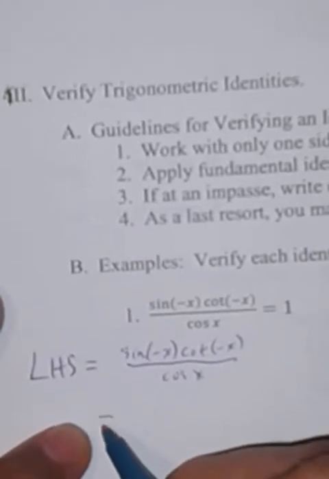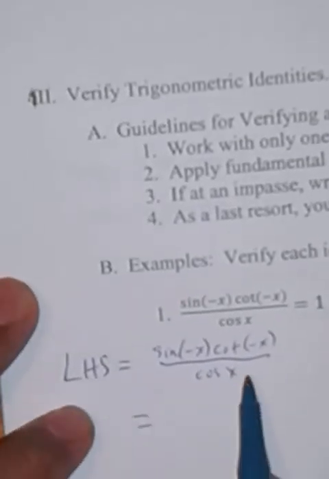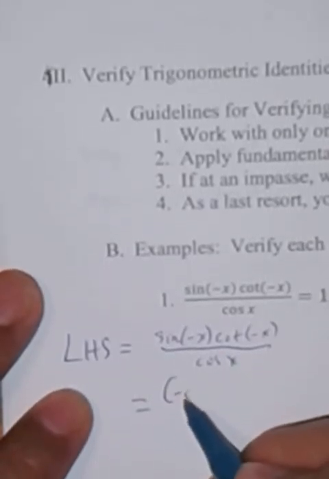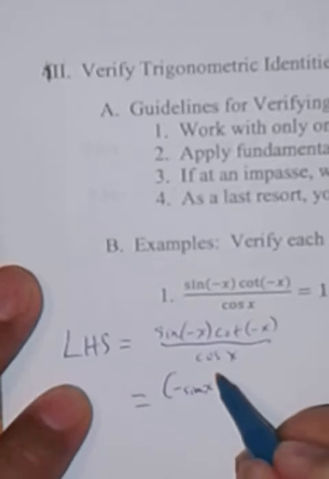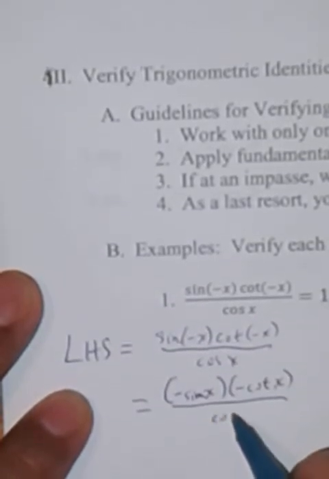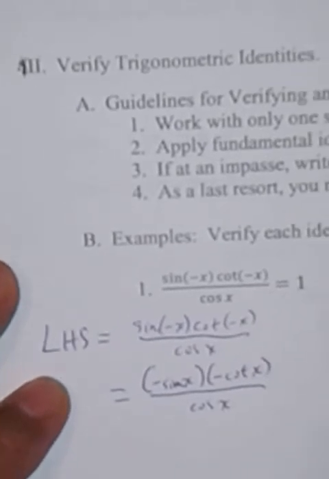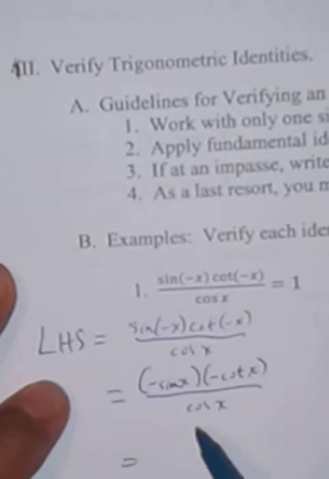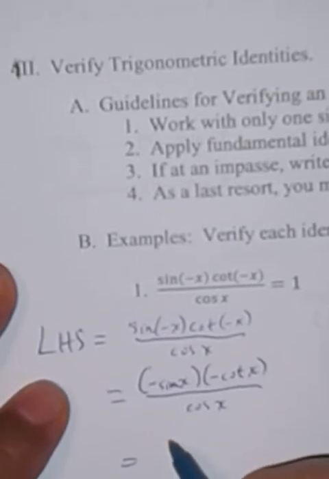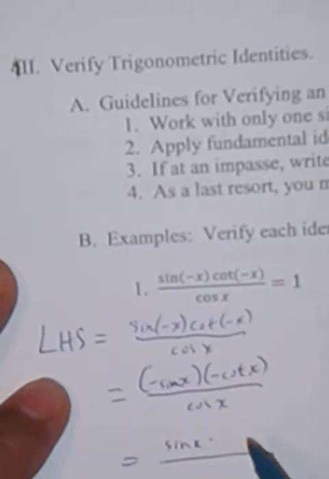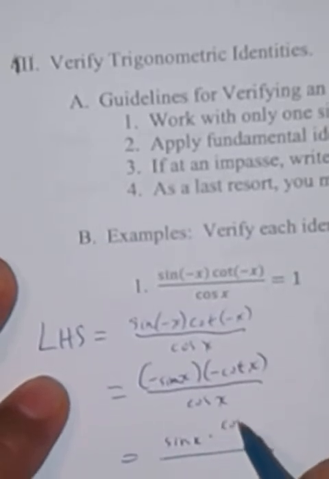And that equals, remember the sine and the cotangent are odd, which means I can move those negatives out. So this will be negative sine x times negative cotangent x over cosine x. You see I'm multiplying two negatives on top, that'll be a positive. It's sine x times cotangent x, but I'm going to write the cotangent x in the numerator as cosine x over sine x.